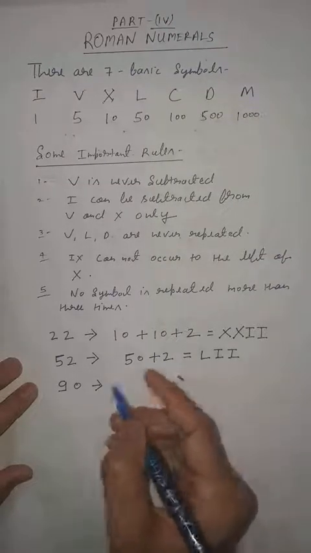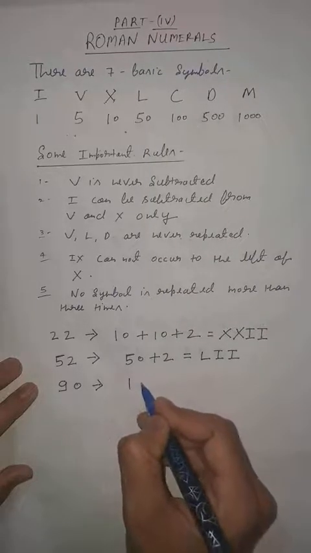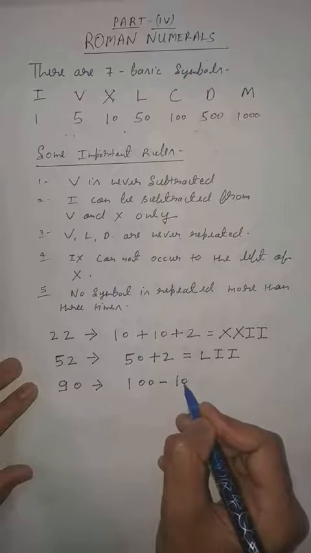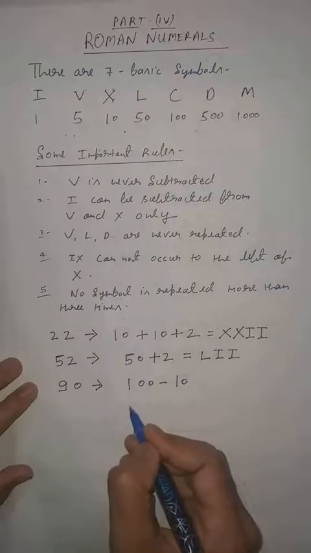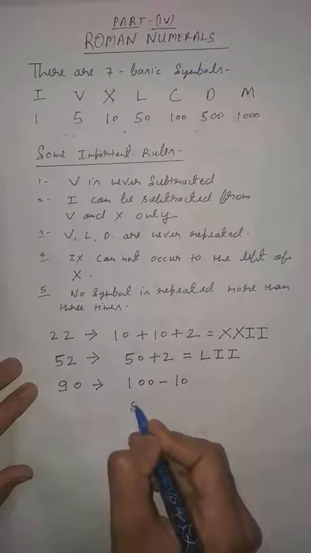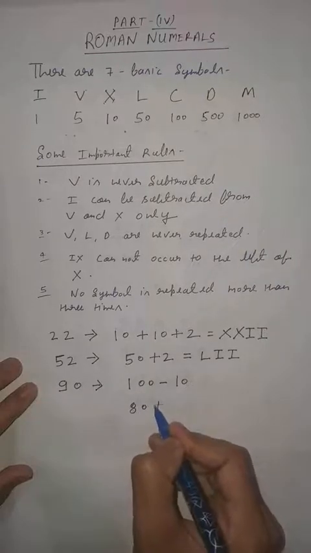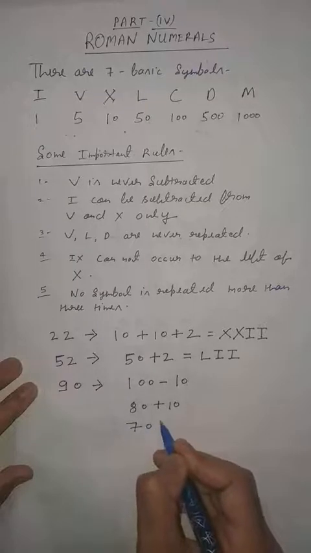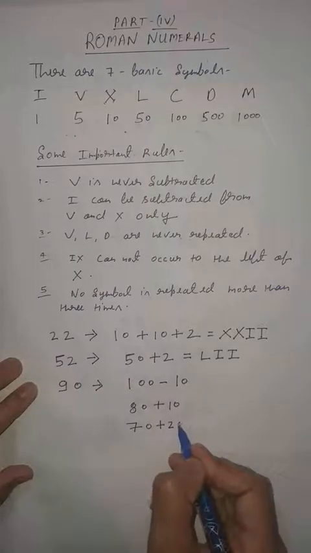So 90 means you have to do 100 minus 10. Clear to everyone? You can also use 80 plus 10. You can say, sir, 80 plus 10 is also 90. 70 plus 20 is also 90.